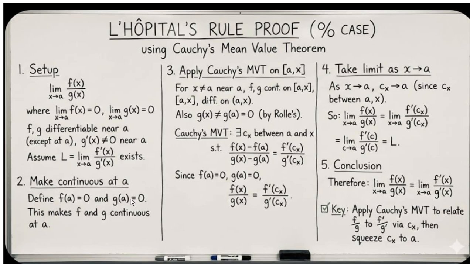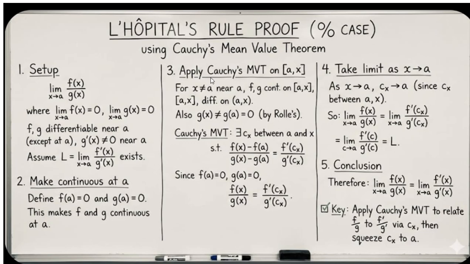Therefore, with f of a equal to 0 and g of a equal to 0, f and g are continuous. Then the question is, how to prove this limit is equal to this one? Finally we need to prove these things.